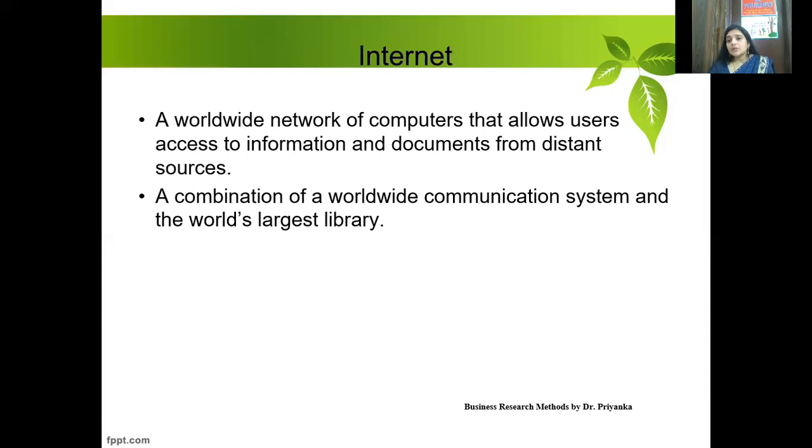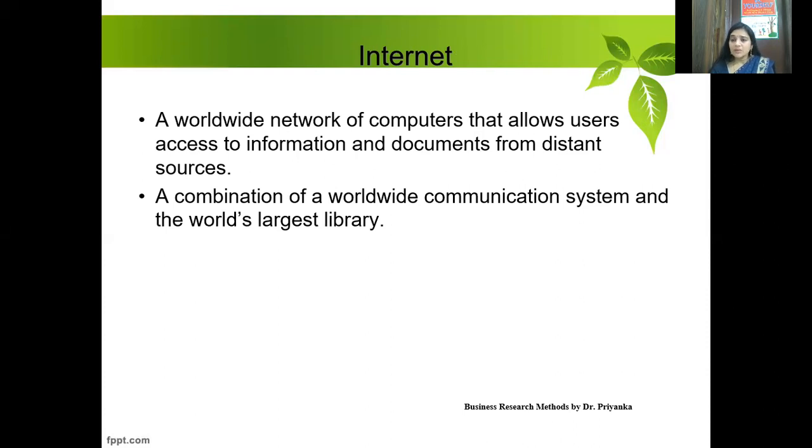Internet. This is also a very good database as well as storage system these days. What internet is? It is a worldwide network of computers that allows users access to information and documents from distant sources. Yes, everybody knows that internet is freely available at maximum places.